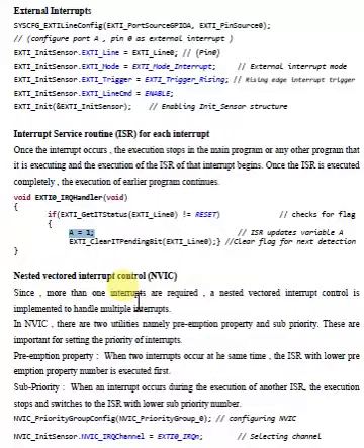There is also nested vector interrupt control, which is a little bit on an advanced level. In case we have multiple interrupts, how do I handle them? There are preemption properties and sub priorities. When you have two interrupts occurring at the exact same timestamp, the ISR or service routine with the lower preemption property gets executed first.